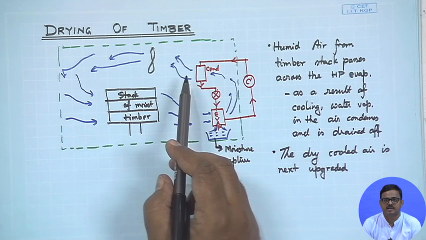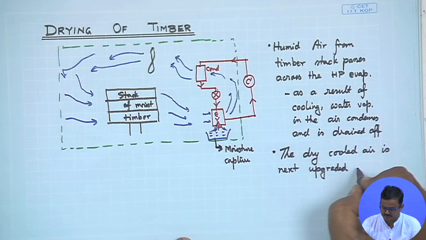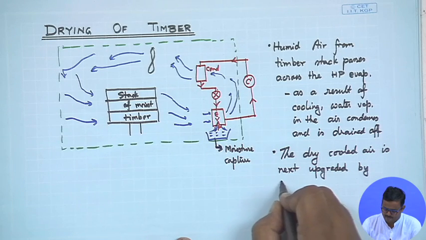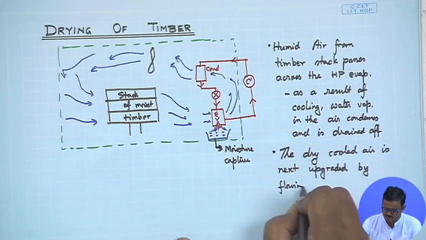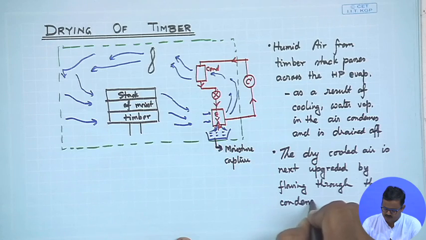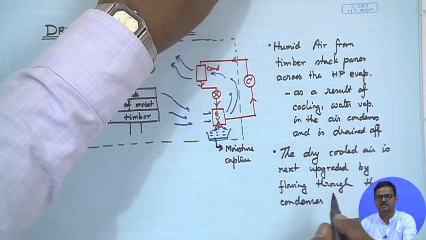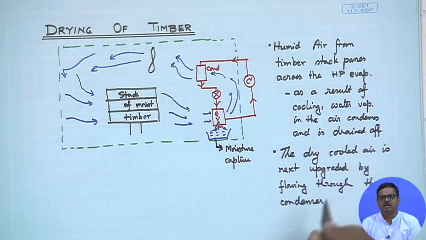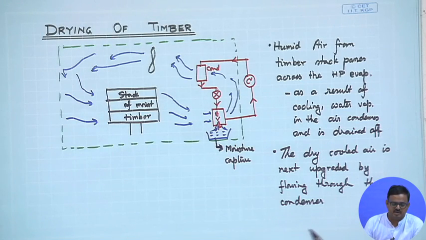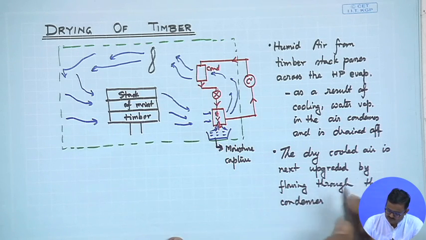As it goes through the condenser, it picks up heat from the refrigerant, which gives up heat, and so its temperature goes up.